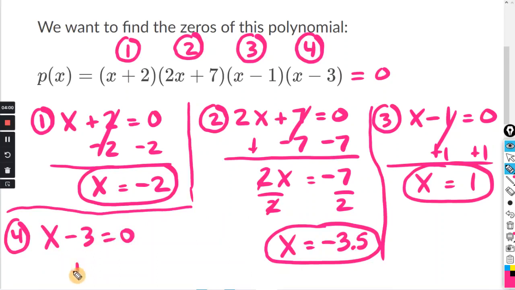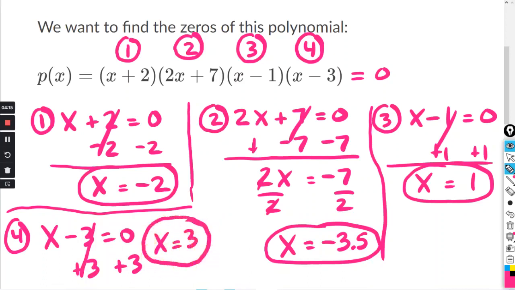And if I add 3 to both sides, 3 minus 3 cancels, and x equals 0 plus 3, which is just 3. Okay, so these 4 numbers are my zeros: negative 2, positive 3, negative 3.5, and positive 1.